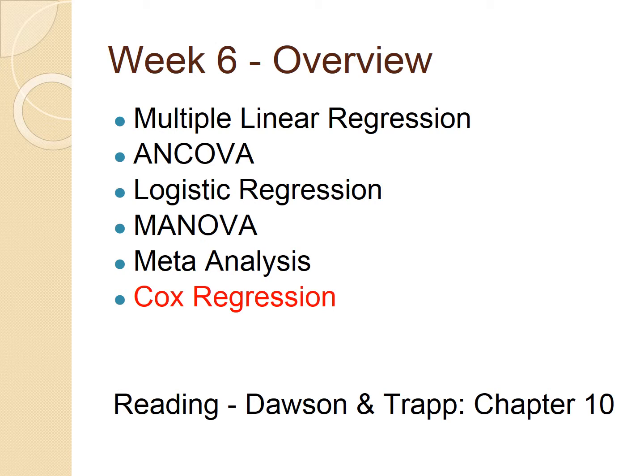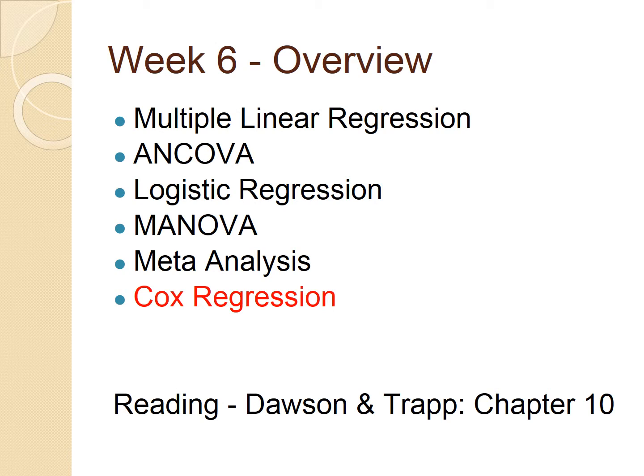And I just quickly want to mention MANOVA, which is an extension of ANOVA, in which main effects and interactions are assessed on a combination of dependent variables. It's a method used to perform an ANOVA-style analysis on several dependent variables simultaneously.